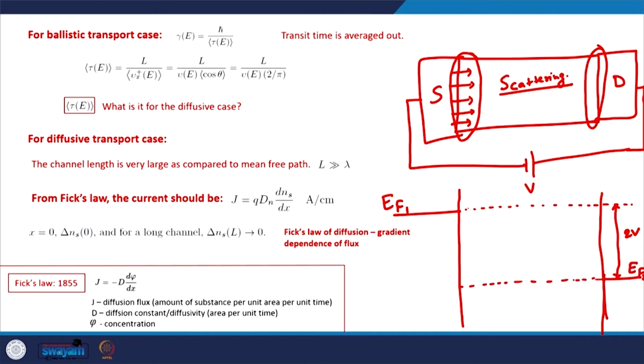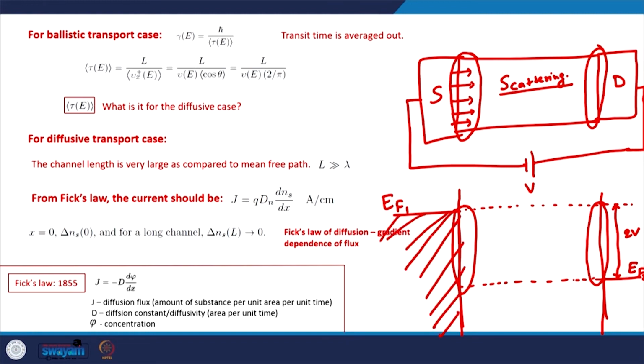So, this area of the channel will become the area of high electronic concentration, and this area will become the area of low electronic concentration, because on this side all the states up to this energy level are filled. The source contact is trying to fill all the electronic states up to this energy level, and the drain contact is trying to fill all the electronic states up to this energy level. So, the electrons are available up to EF1 here, and there is an excess of electrons as compared to the drain side.